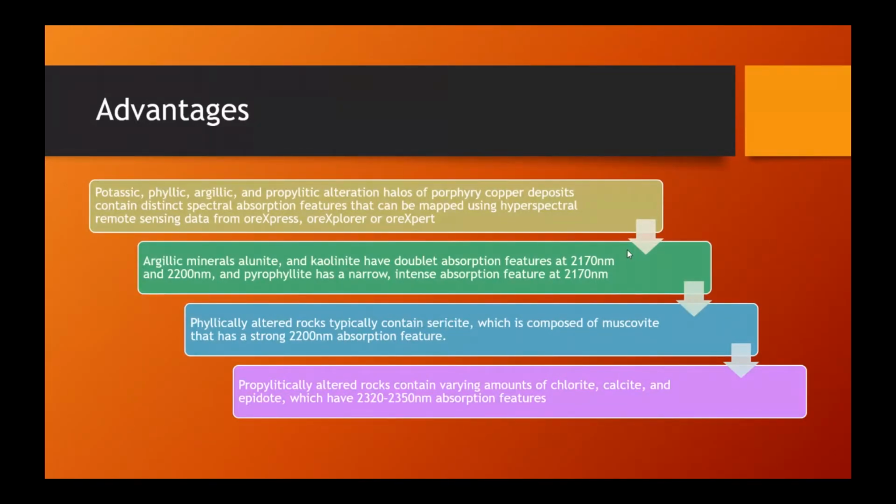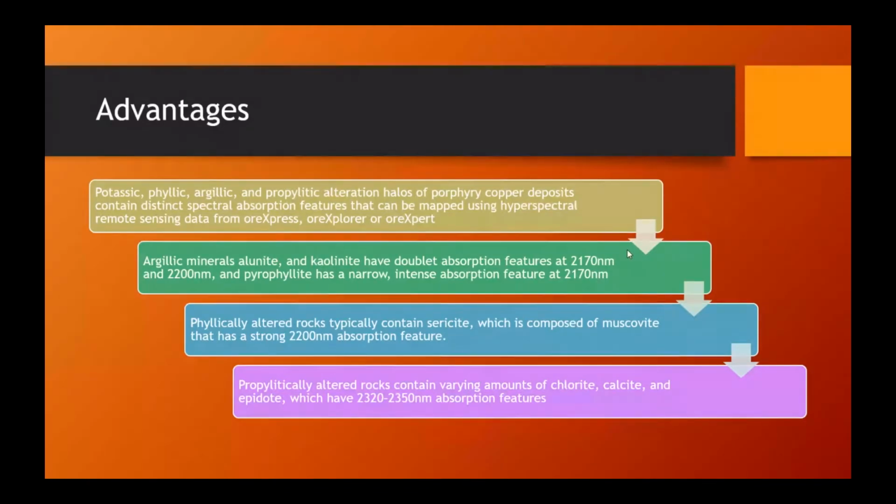Phyllically altered rocks contain sericite, which is composed of muscovite and has a strong 2200 nanometer absorption feature. So if you're working on a phyllically altered core and you're looking for the presence of sericite, and you're trying to compare that against regular muscovite, with a field spectrometer we're able to actually distinguish the two.